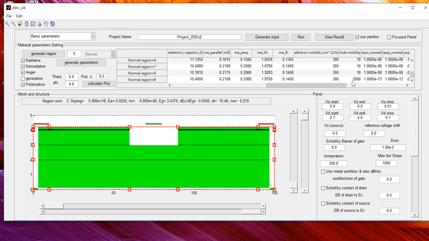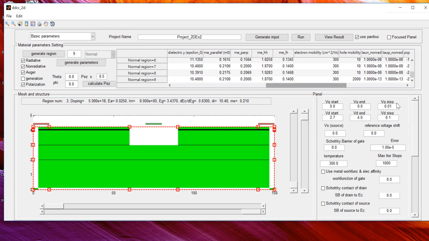This is not a bad ITO, with a resistivity of about 3 times 10 to the minus 4. You can calculate it by yourself. You know the carrier density because these are fully active, so you know the carrier density and the mobility, and then you can calculate the resistivity.